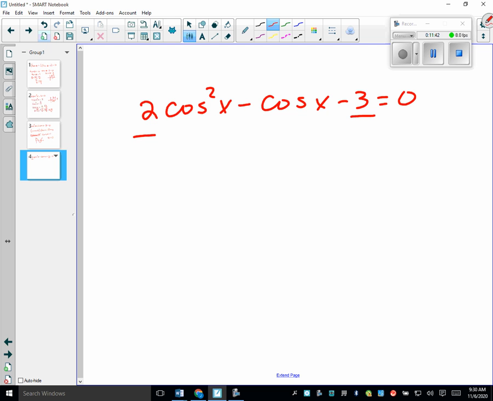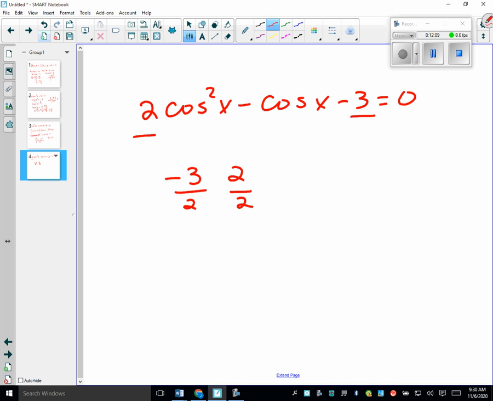-3 and 2. Everybody agree it's -3 and 2? Yes. And where it came from? I now take those numbers and put them over my first coefficient of 2. So you get -3 over 2 and 1 over 2.